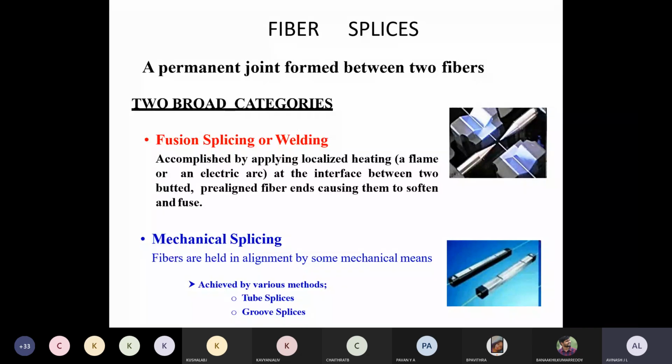Permanently means the connection will stay like that as long as it is not removed or damaged. Next is groove splices. Groove splices means we insert the fibers in a groove and screw them in. That is what is called groove splices.